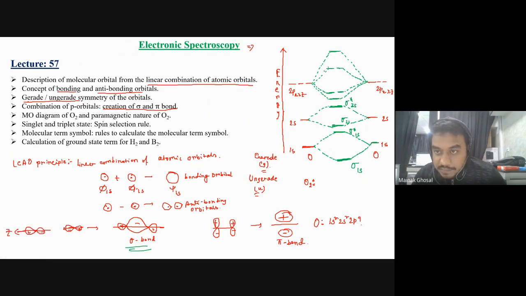So these are pi orbitals: pi 2px and 2py, and this is pi star 2px, 2py.